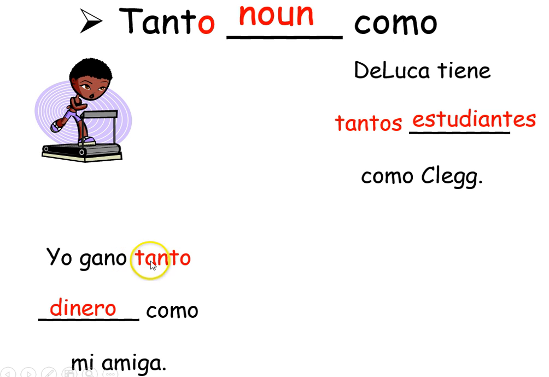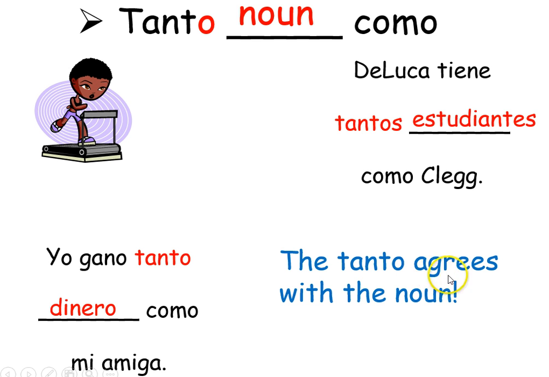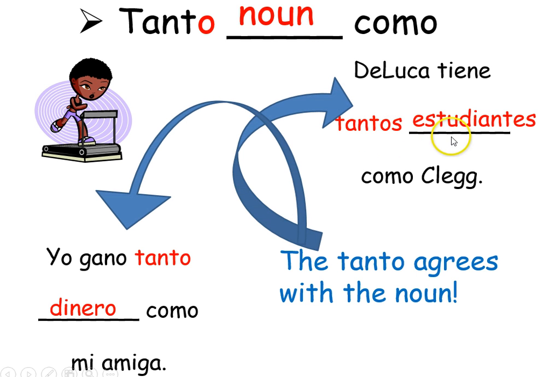I earn as much money as my friend. Now remember, the tanto here is agreeing with the noun because this tanto is your adjective. And it agrees with what it's describing. So here we use tantos because estudiantes is plural. Here I use tanto because dinero is singular masculine.